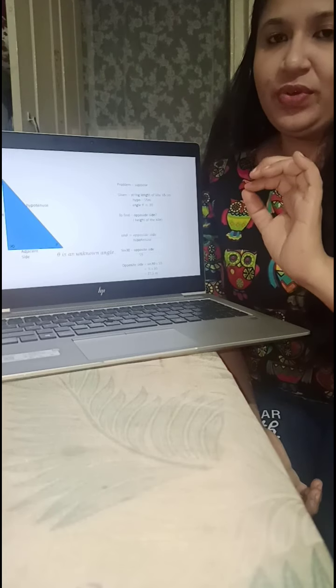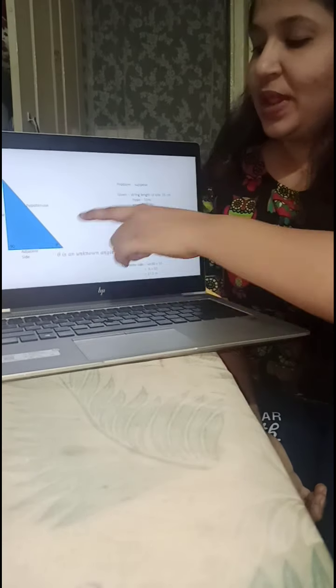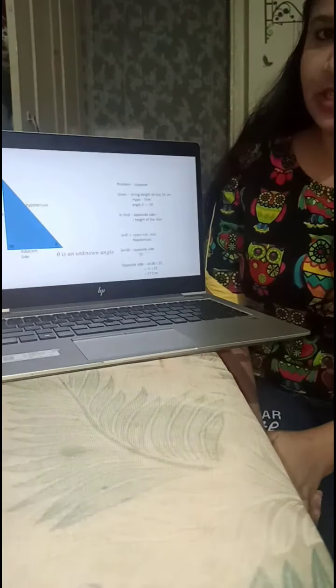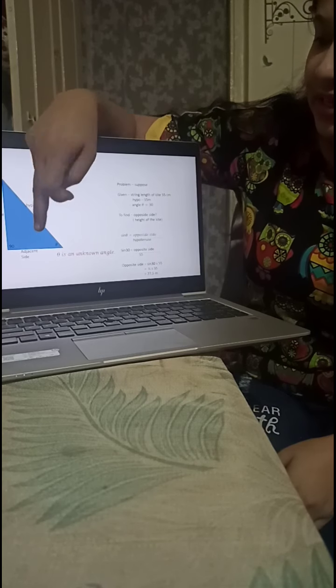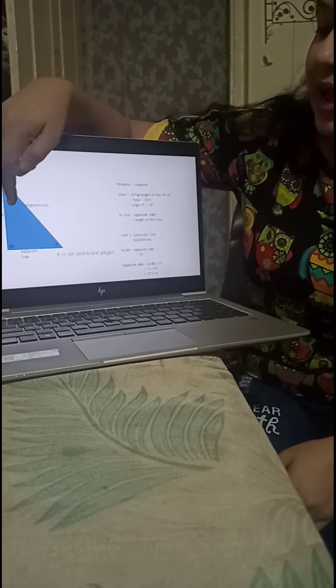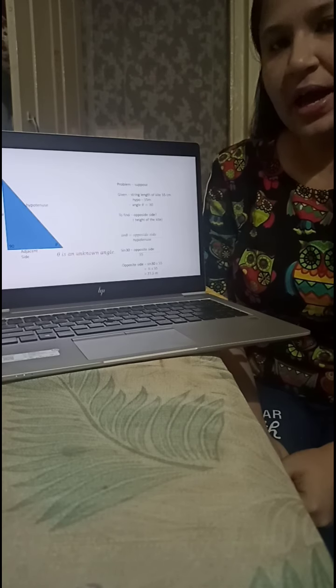If we consider this angle theta, then we call this side the opposite side, and this side will be the adjacent side. Suppose you consider this angle as theta, then this side will be the opposite side and this side will be the adjacent side. So clear what is theta? Theta is nothing but the unknown angle.